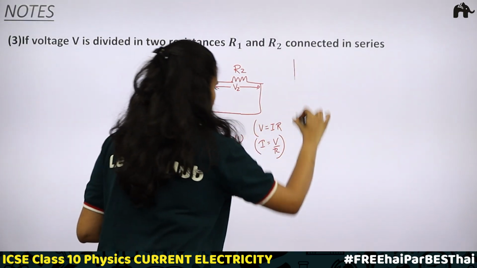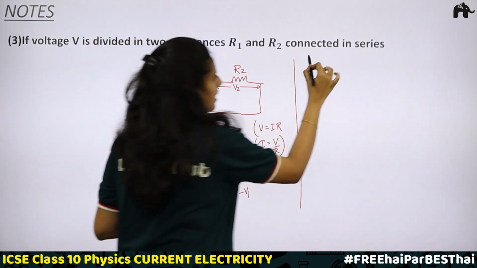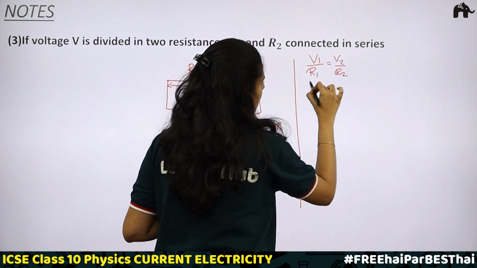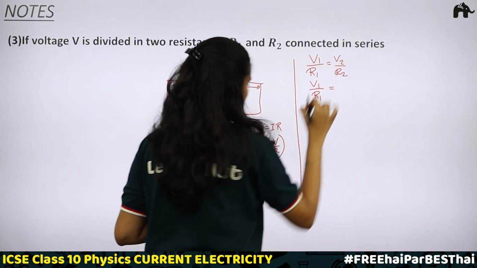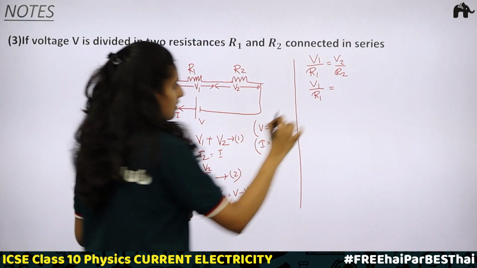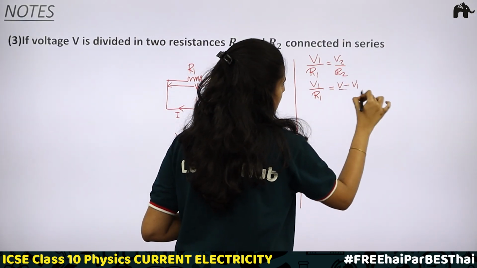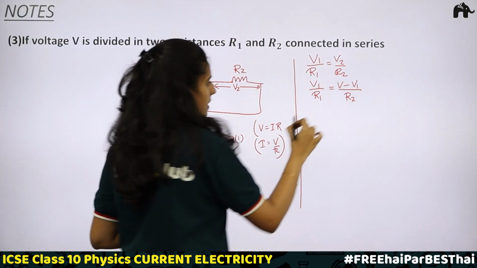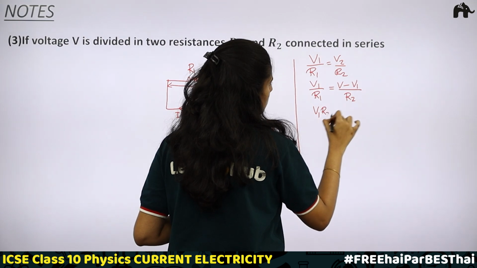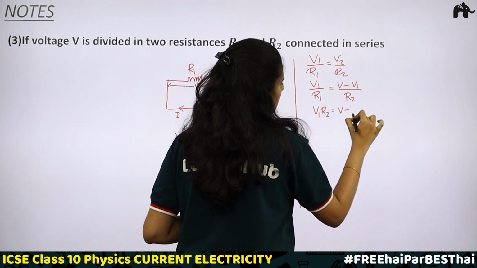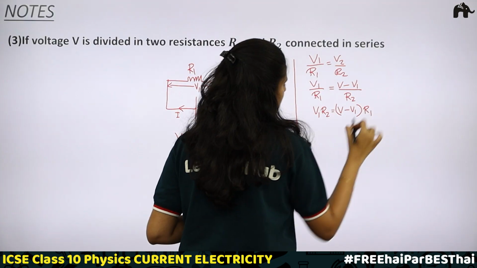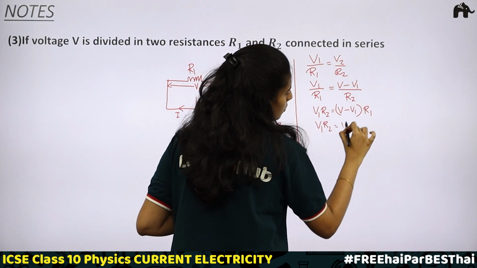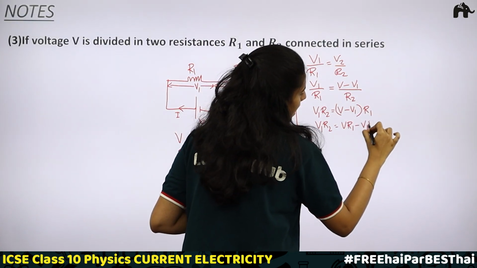Now substituting in the second equation, we get V1 by R1 equal to V2 by R2, so V1 by R1 is equal to V minus V1 divided by R2. Cross multiplying, we get V1 R2 is equal to V minus V1 into R1. Removing the brackets and multiplying, V1 R2 equal to V R1 minus V1 R1.